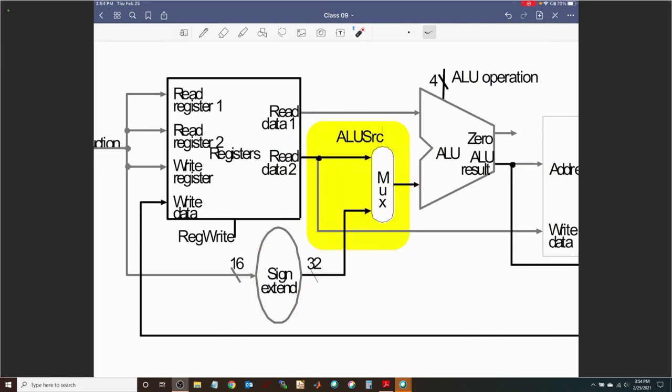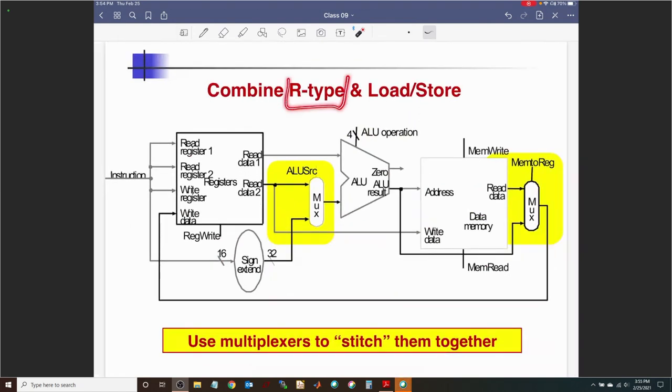Well, why do you need one versus the other? Well, if you're doing R-type instruction, which one will you need? Read data 2, right? But if you are doing load or store, you would need to use this.